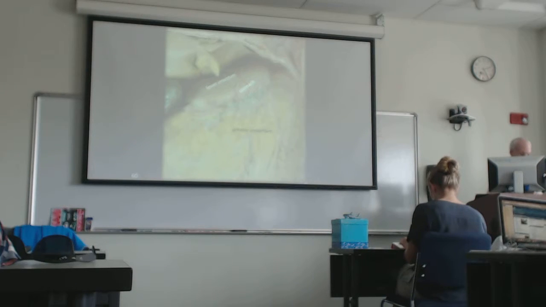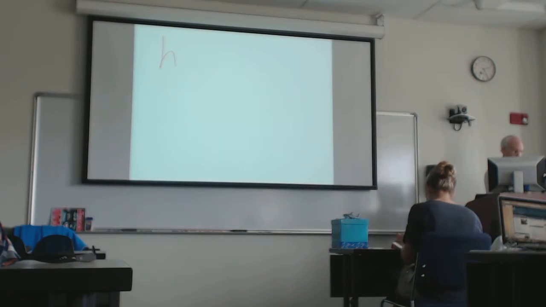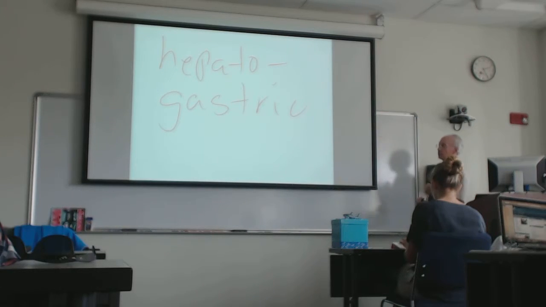But you can see it extends pretty much, for example, from the liver to the stomach. So a portion of this, for example, would be called the hepatogastric ligament. You'll have a full list of these in just a moment.